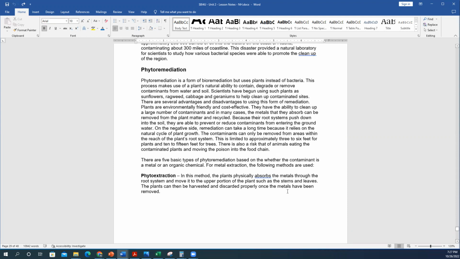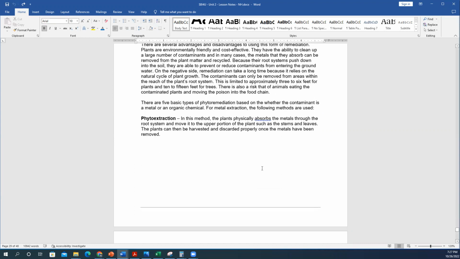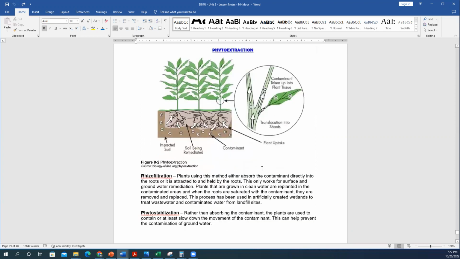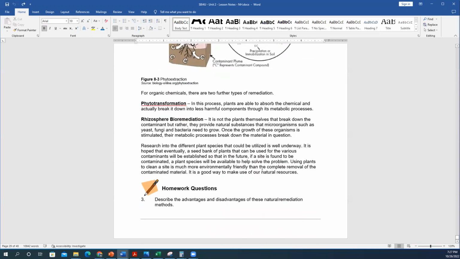We also talked about phytoremediation, which was a type of bioremediation that instead of using bacteria, used plants to carry out the cleaning of contaminated soil or water. And that brings us to the end of Unit 2.